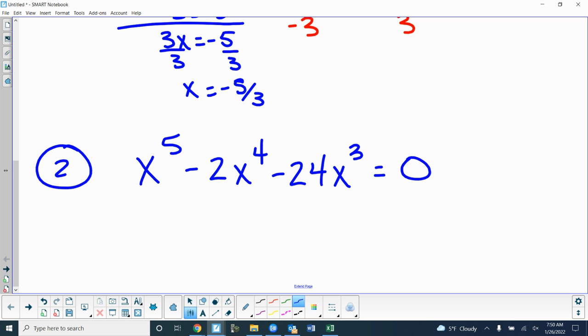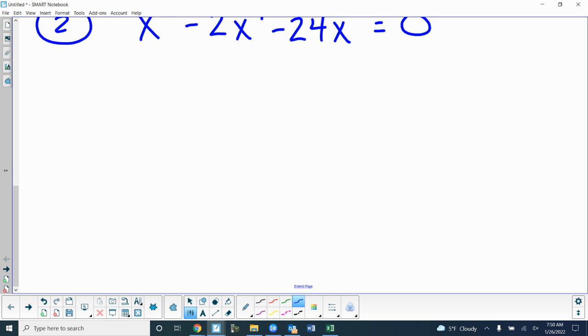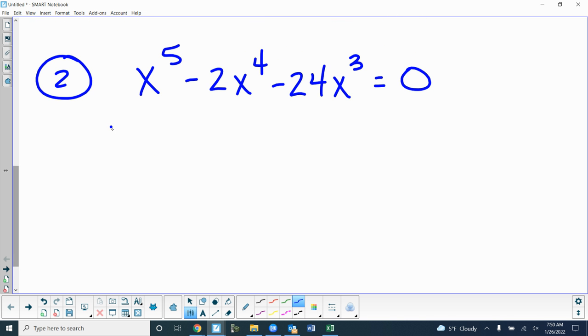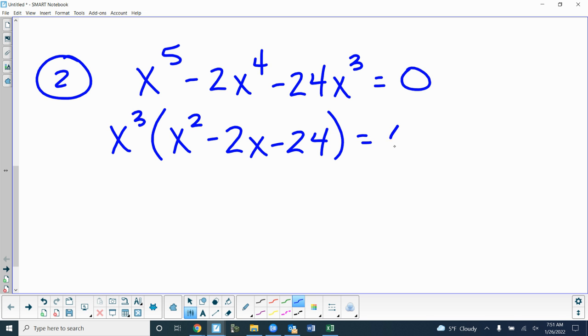Yeah, x cubed. I should have said that in the first one too. If it's a grouping problem, you still should look for a GCF. But there wasn't a GCF in that first one we did. So we got x cubed, and then we get x squared minus 2x minus 24.